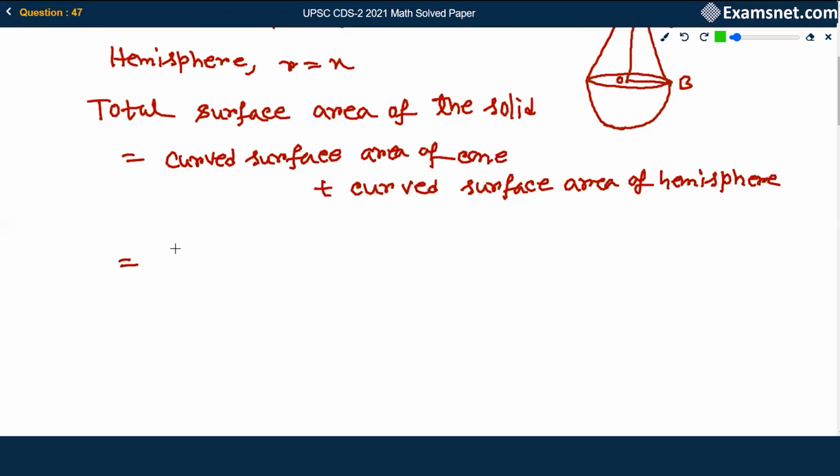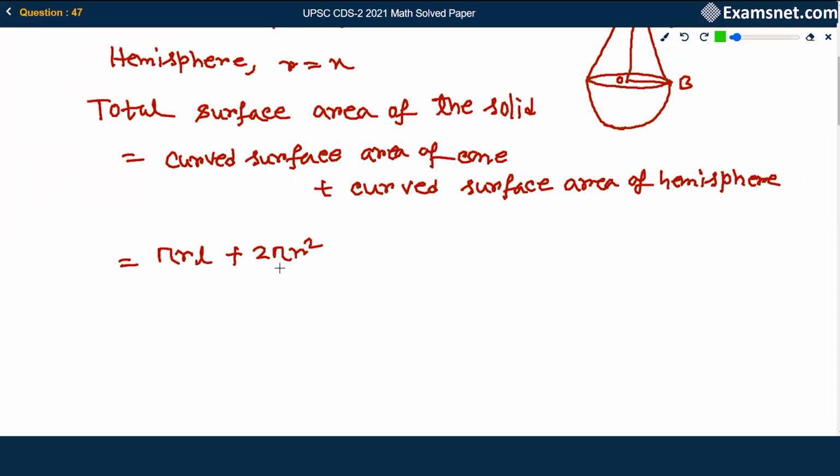The formula of the curved surface area of a cone is pi RL, where R is the radius of the base and L is the length of the slant side, and the curved surface area of the hemisphere is 2 pi R square.